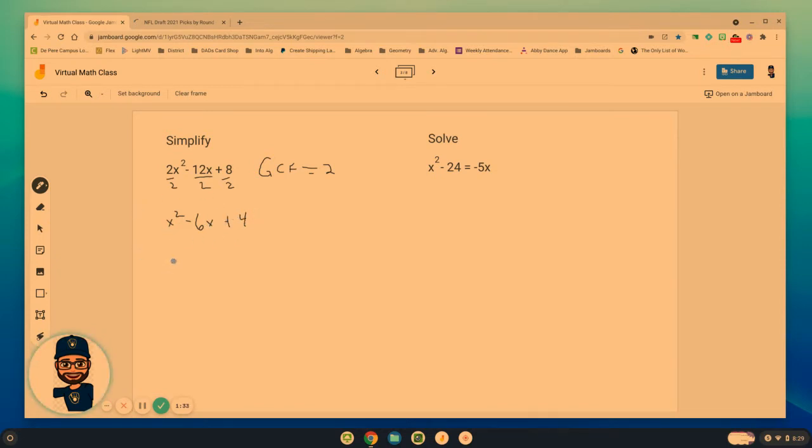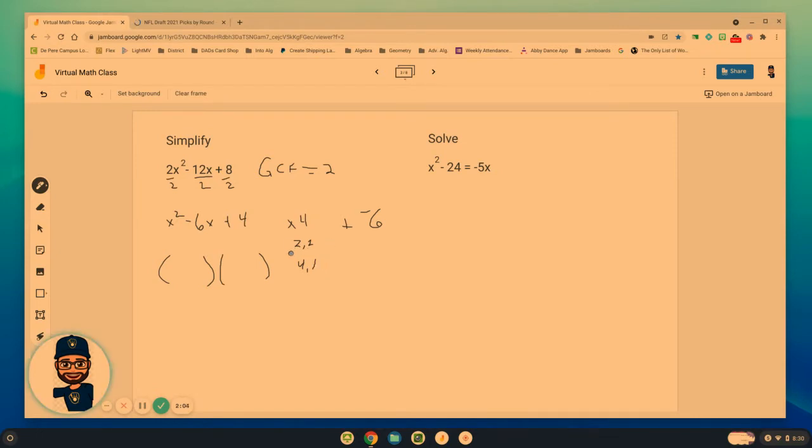Now I'm going to try to break that down into two things, where I get two numbers that multiply up to that 4 value, but at the same time add up to negative 6. Well, it's either 2 and 2 or 4 and 1.